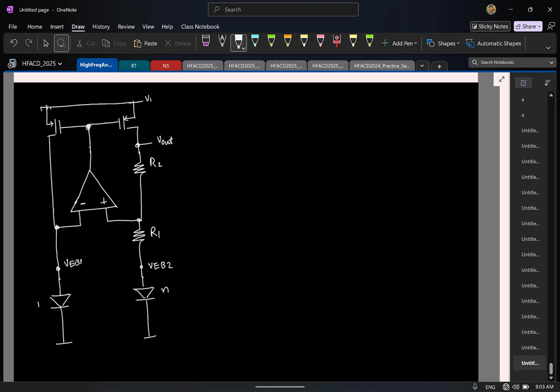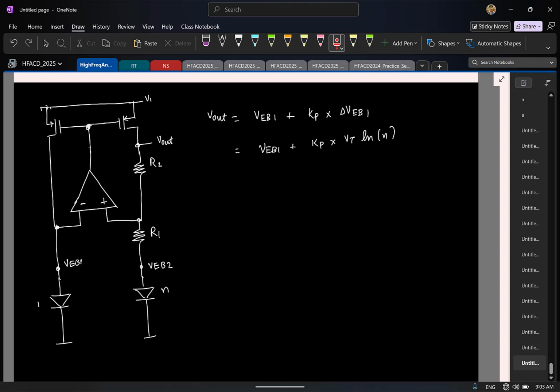Okay, so here, as we know, the output in any band gap we get as a CTAT voltage, which is one diode drop, plus some gain times a PTAT voltage, which is the delta VEB, and in this case the delta VEB, if you recollect, will be VT times natural log of n. So you typically choose this K and VT ln n so that the slope cancels. So if I take the derivative of V out with respect to temperature, it is 0.